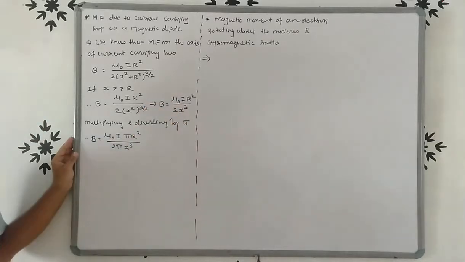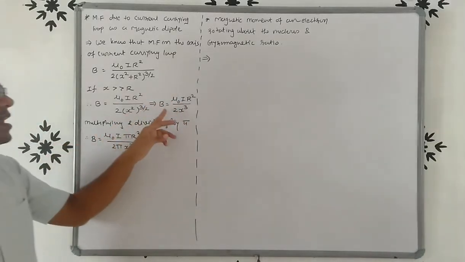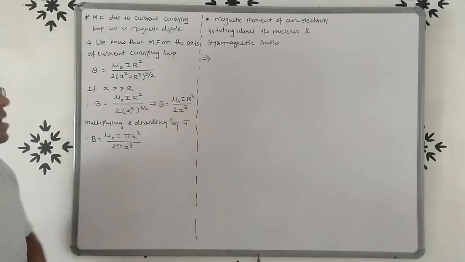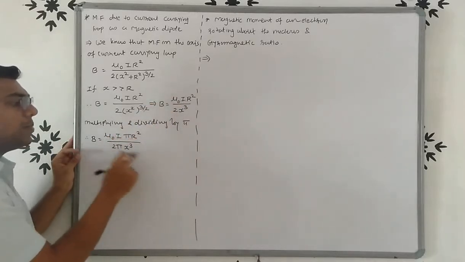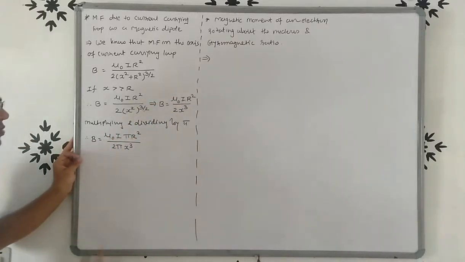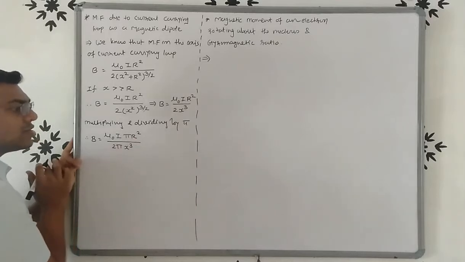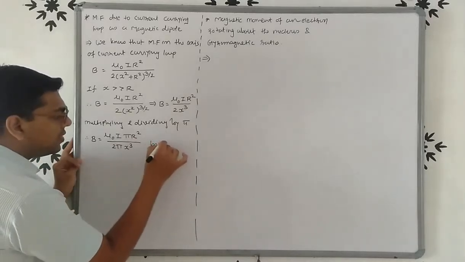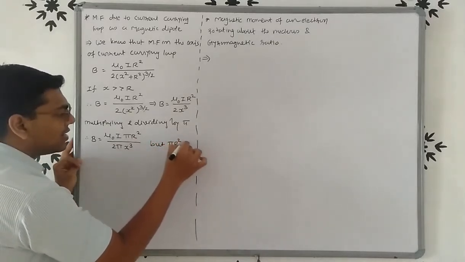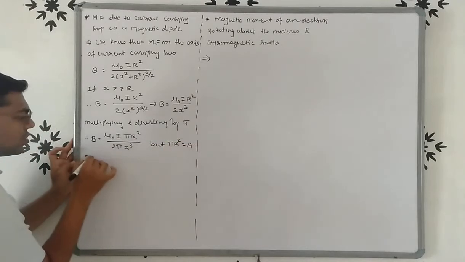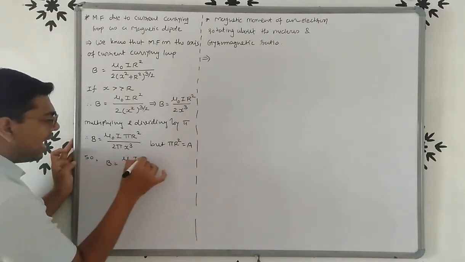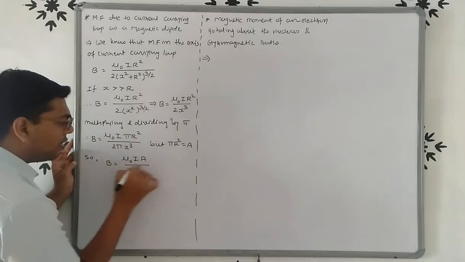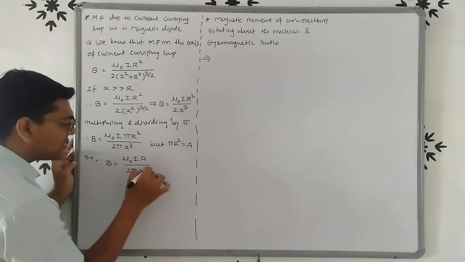Here we need the area, so we multiply and divide this equation by pi. So B is equal to mu 0 I pi r square upon 2 pi x cube. Now we know that pi r square is equal to area. So B is equal to mu 0 I A upon 2 pi x cube.